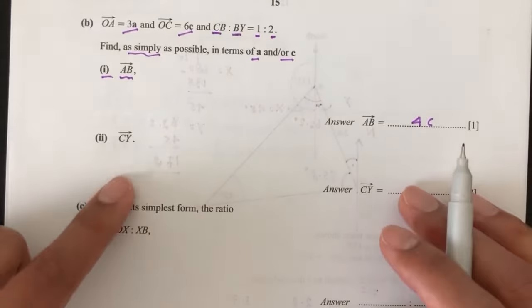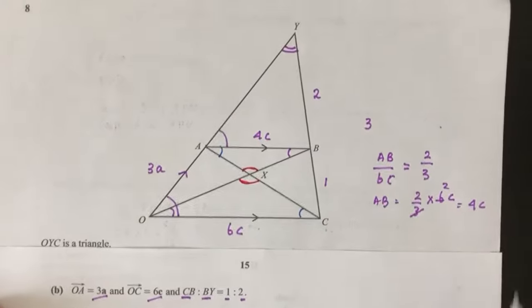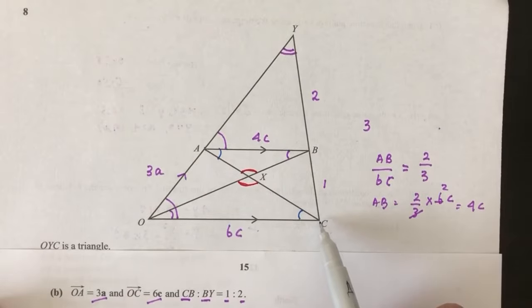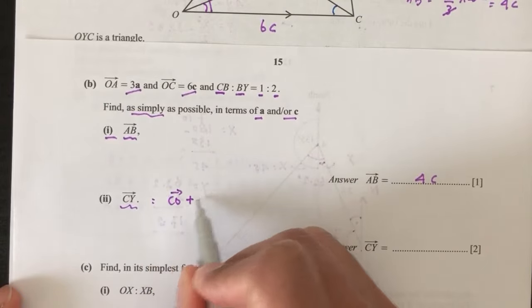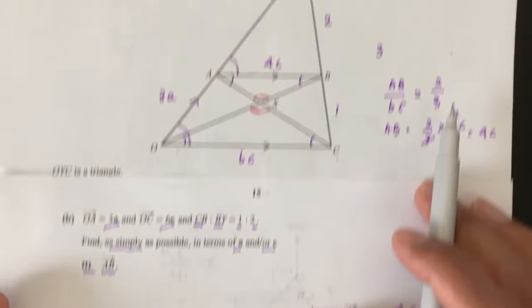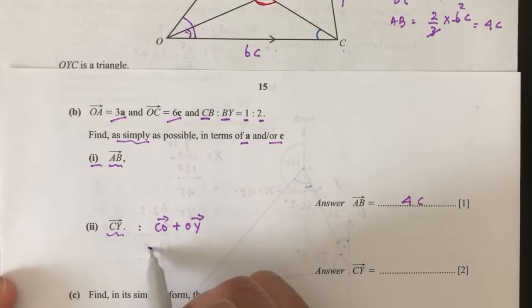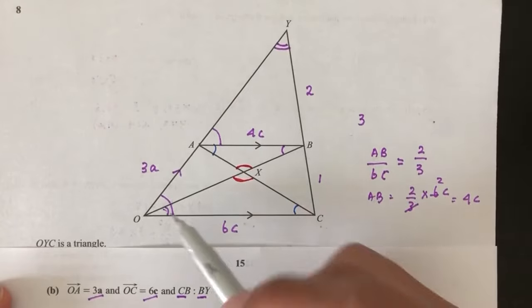Now part 2, find the length of CY. So where's CY? CY is this. We can first do CO and OY. So CY equals CO and OY. CO will be minus 6C. What is OY?